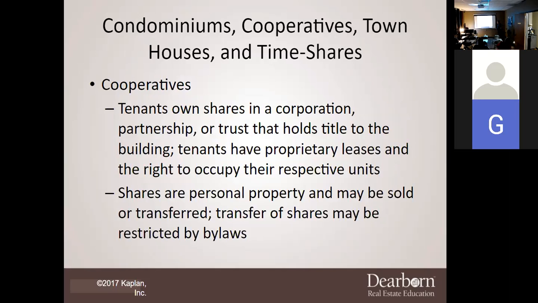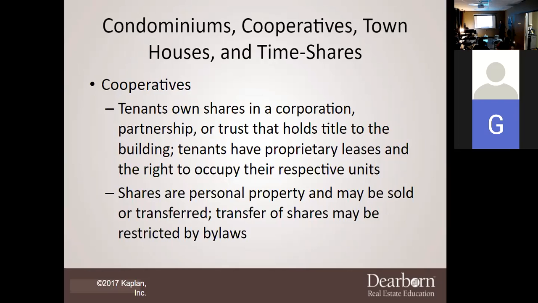A cooperative is basically where tenants own shares in a corporation. They don't actually own the building, they own shares in the business. The tenant owns shares in a corporation, partnership, or trust that holds title to the building, and the tenants have proprietary leases and the right to occupy their units.